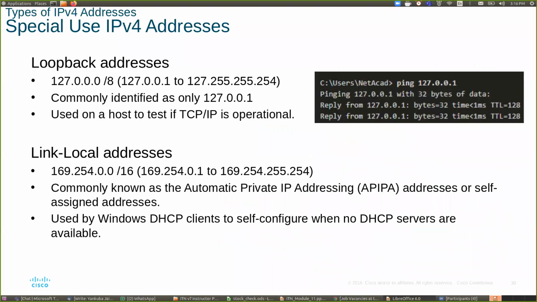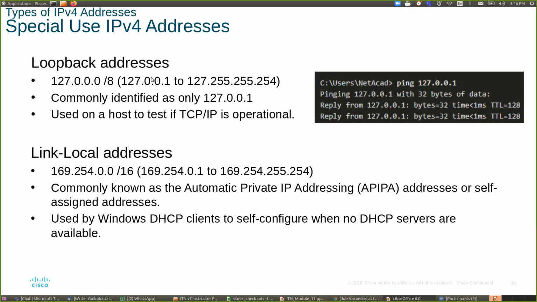We have special use IPv4 addresses. We have 127. This 127 address is called the loopback address. It's commonly used to test TCP/IP operation on a particular network interface card.